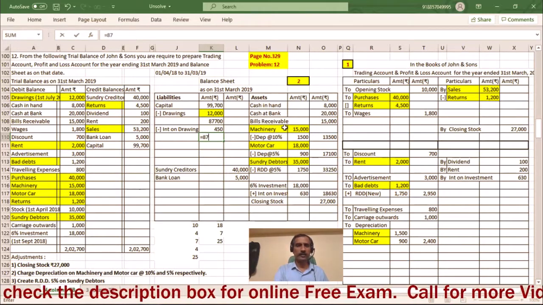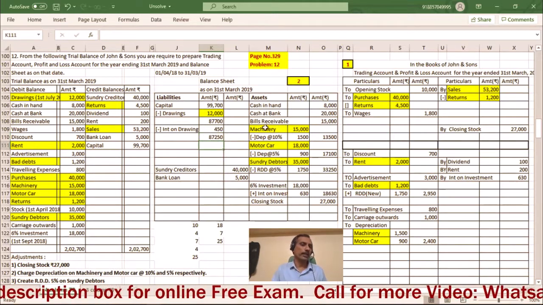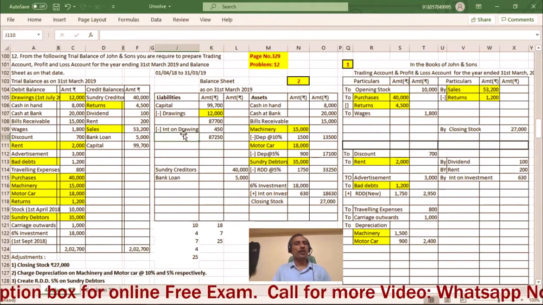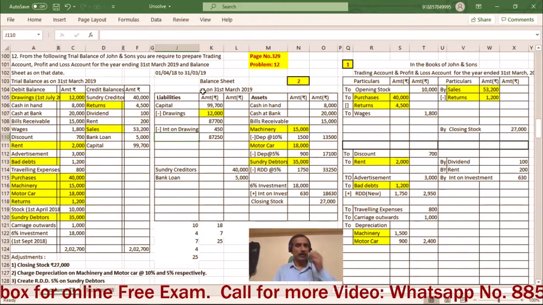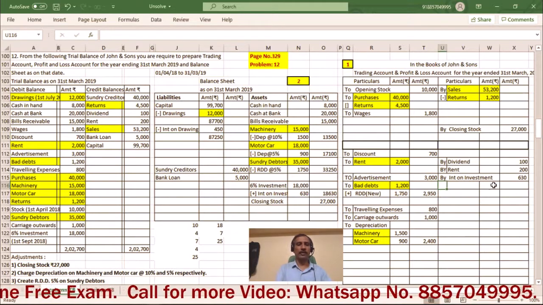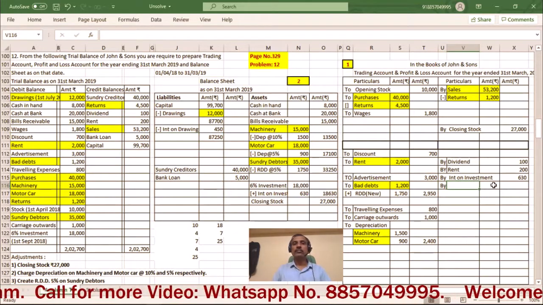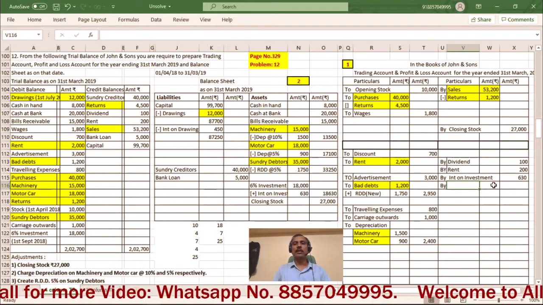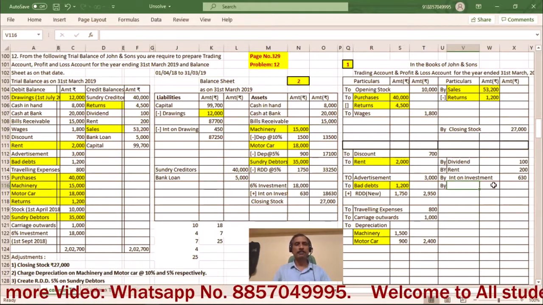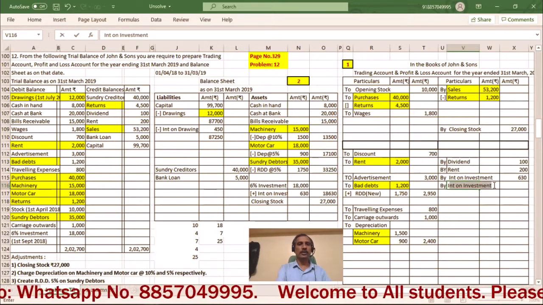So 87,700 minus 450. So the first effect, we have reduced this balance from capital, and the second effect we have to show on the profit and loss account credit side, because this is income for the business and expense for the proprietor. So here write down interest on drawing.